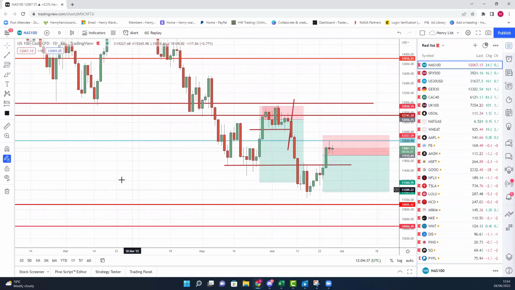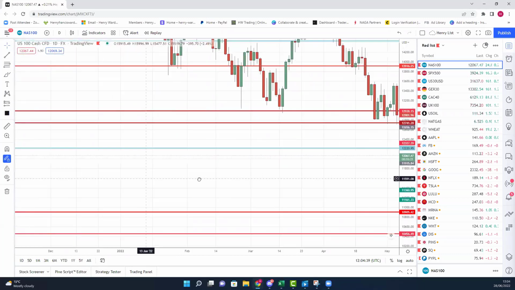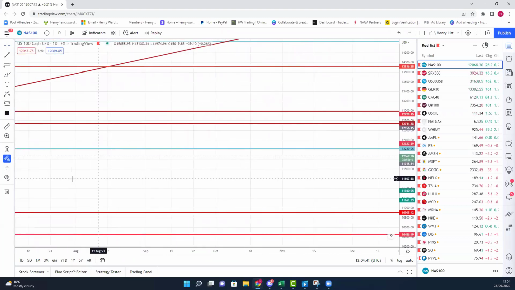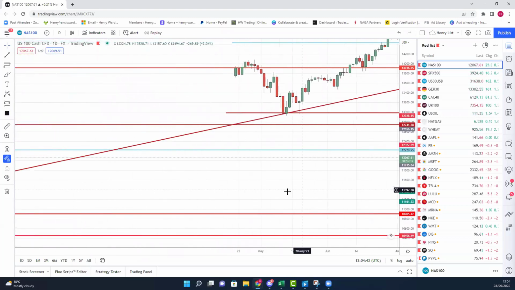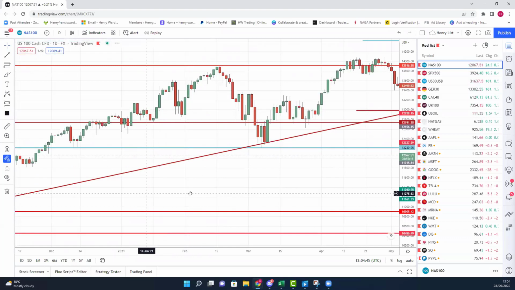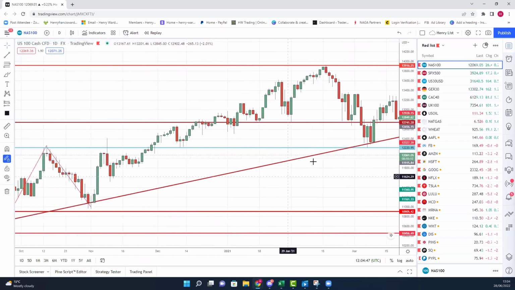Now I'm going to zoom out and give you a little look at that horizontal level. So we have a touch here. I'll get the drawing tool. We have a bounce here, a bounce here, a bounce here.